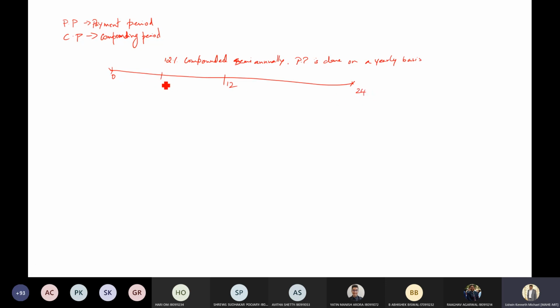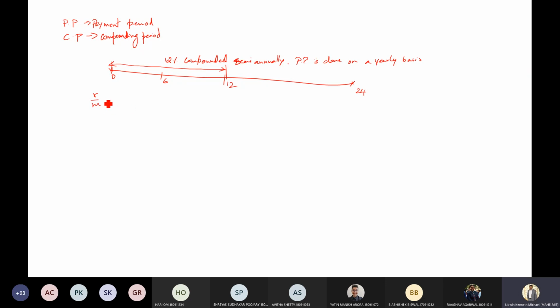So if you see here, what will be your interest rate per compounding period? Your R by M, right?